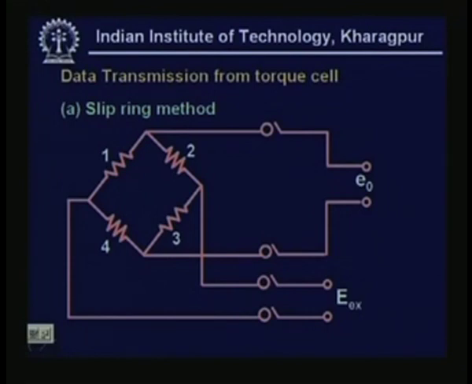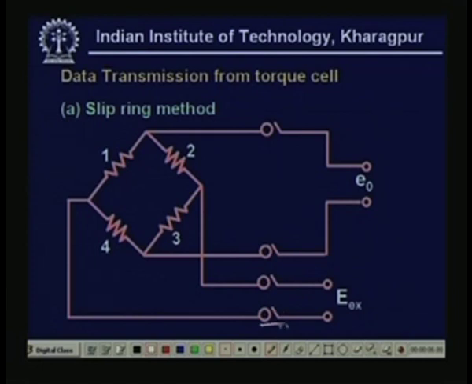Now, you see here that this is basically a slip ring method of torque measurement. These strain gauges, 1, 2, 3, 4, are all installed on the torque cell with the usual cement and all these things. You must install the gauges, and we have the slip rings. These are the slip rings. You can see there are 4 slip rings.